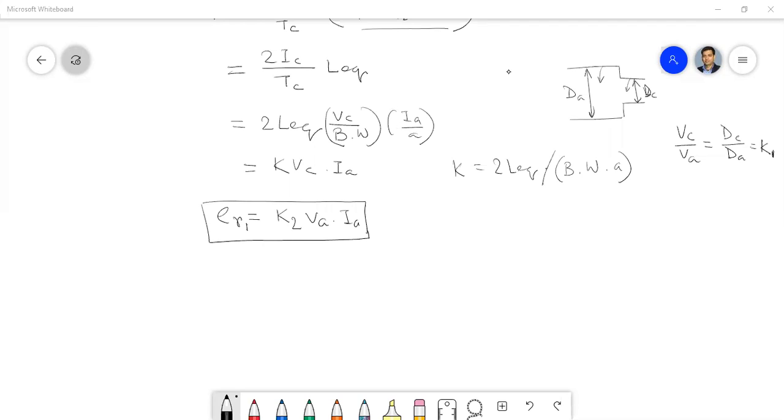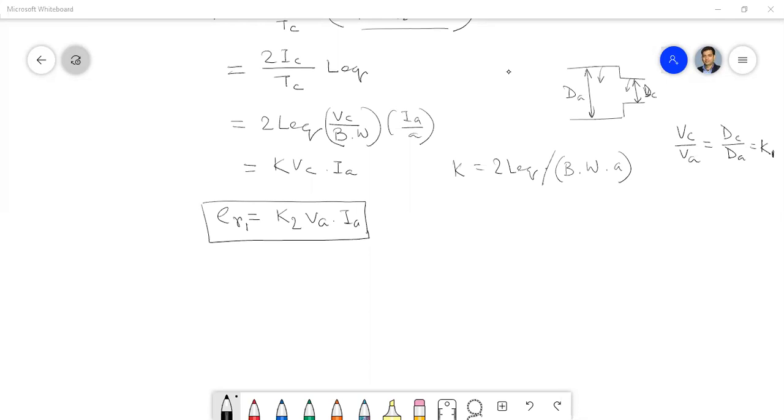One is called the transformer EMF, another is called the speed EMF. Try to recollect. There are two types of voltage developed in the coil. One is the transformer EMF, where the flux itself is time varying. Due to this time varying flux, whatever voltage is induced is called the transformer EMF.